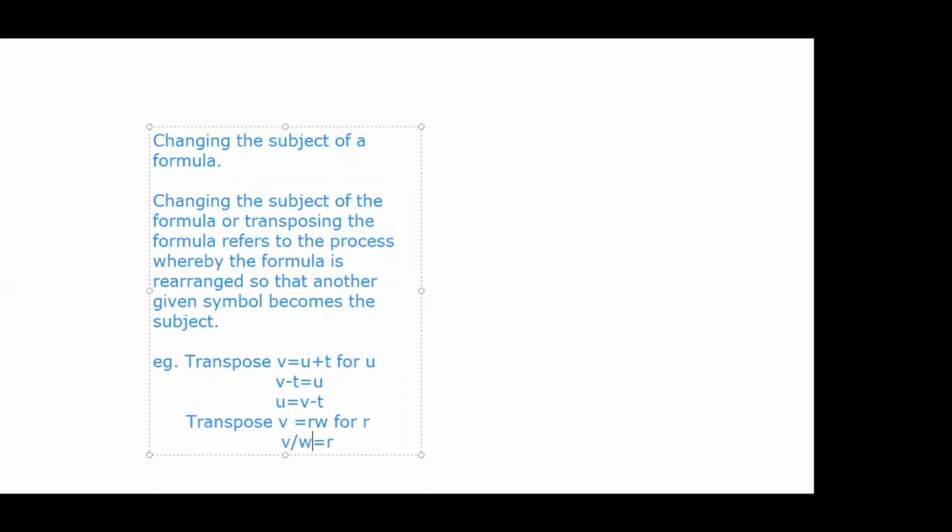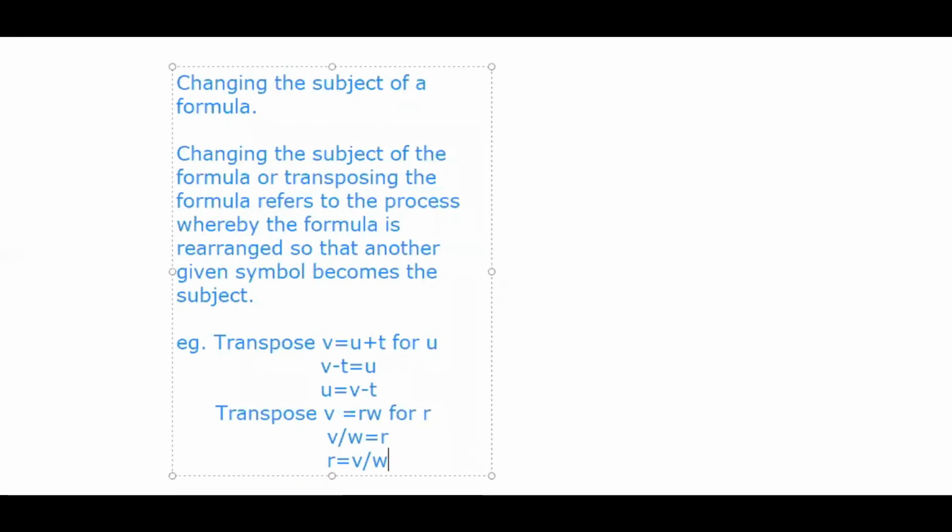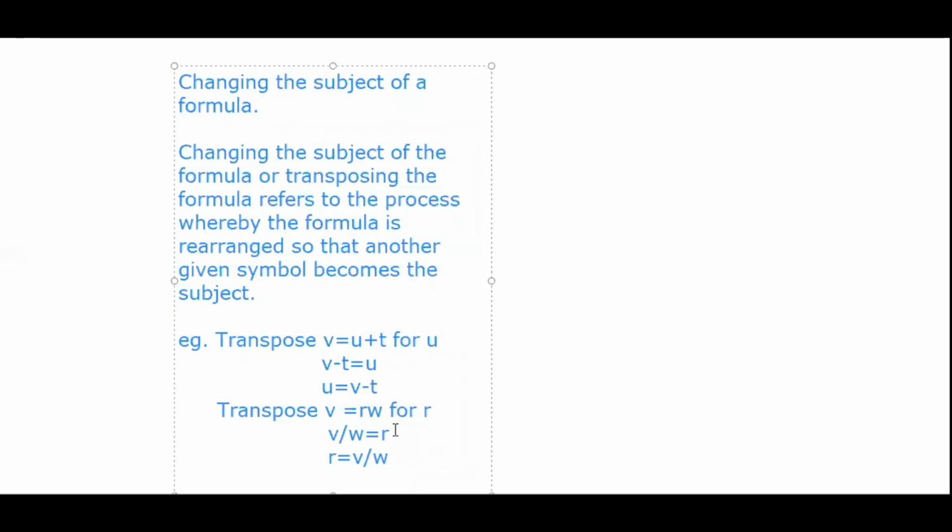So R will be equal to V divided by W. Okay, so I figured this is another lesson on the algebra that would tie in with what you know already. Any questions here?